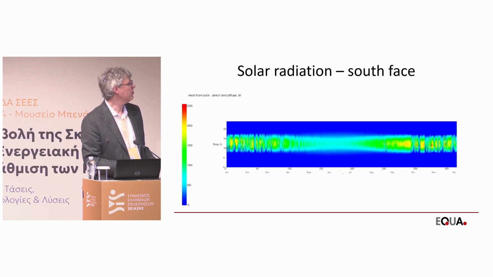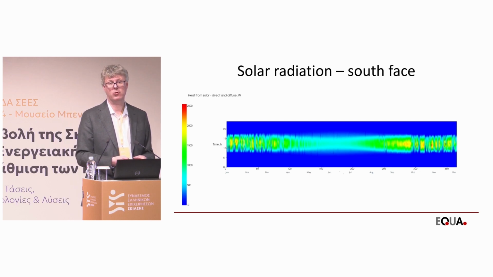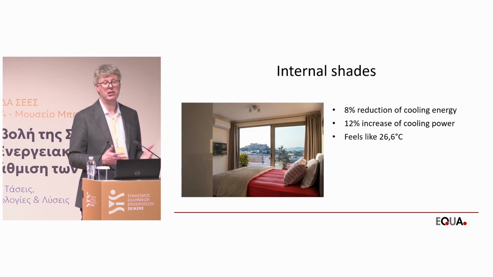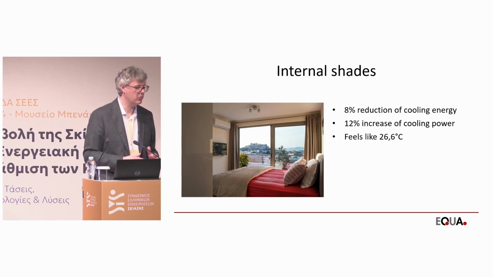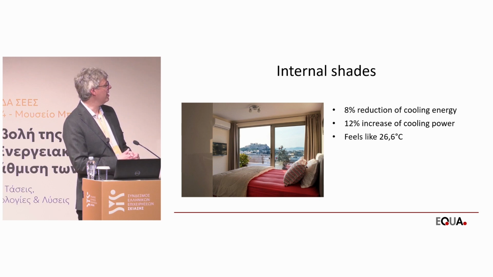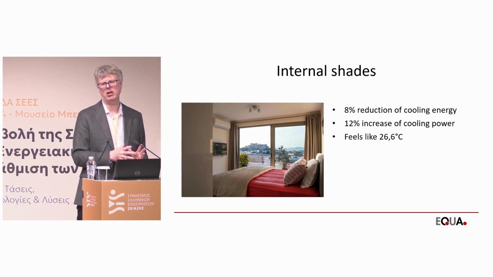So now we have the setup, we have our residential house. How do we address this with a tool like this? So let's add an internal shade. And this is a blackout shade, so it's not technical in any way, it's just a woven material. And we can see that an internal shade gives a reduction of cooling energy of about 10%.